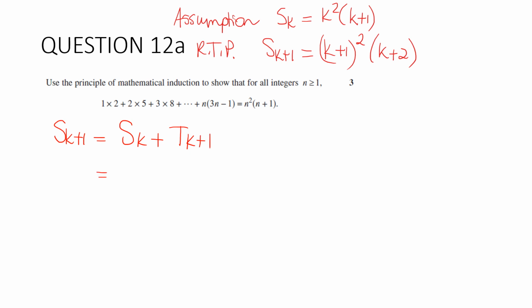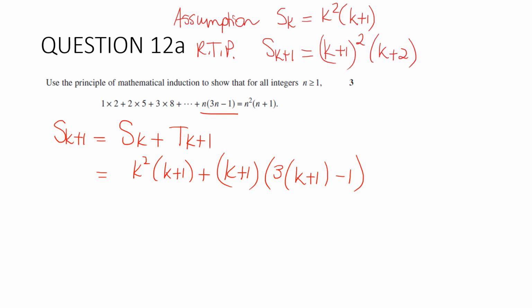So from our assumption, we get k squared, k plus 1, and our k plus first term is going to come from here. So k plus 1, brackets, 3 brackets k plus 1 minus 1. All right, let's see where we're going. All right, I'm going to bring the k plus 1 out the front.